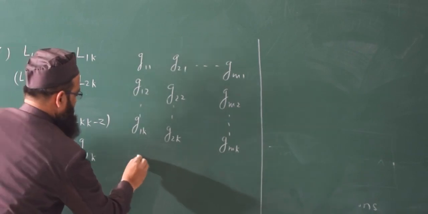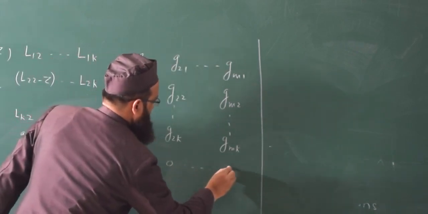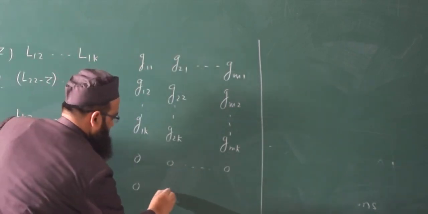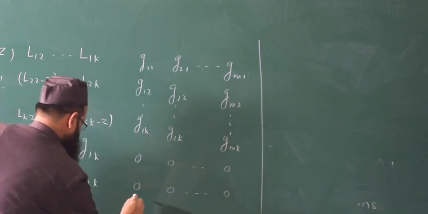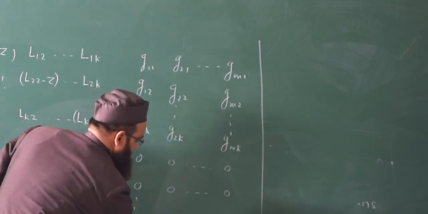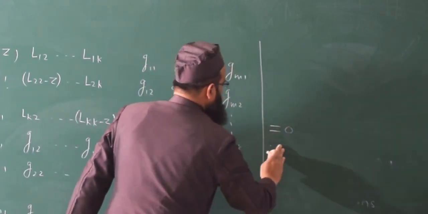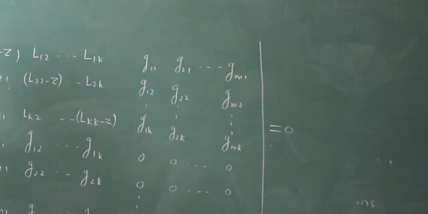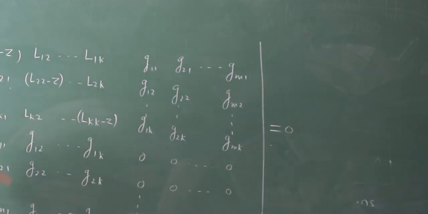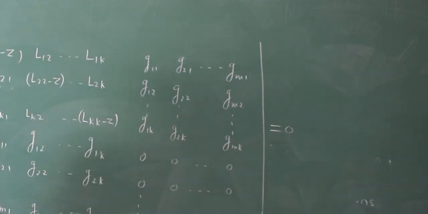Remaining positions will be filled with 0, 0, 0, 0, 0, 0, equal to 0. This is a determinantal equation of a polynomial in z.